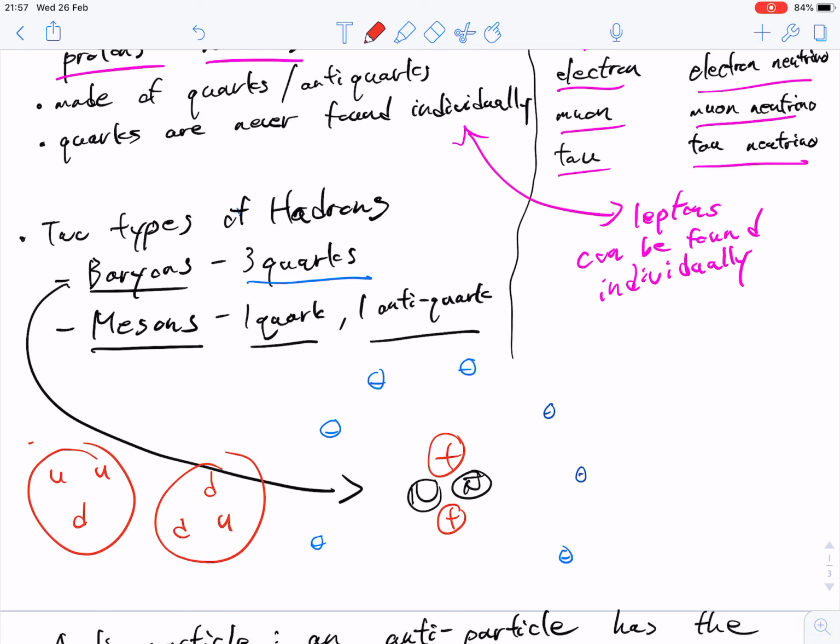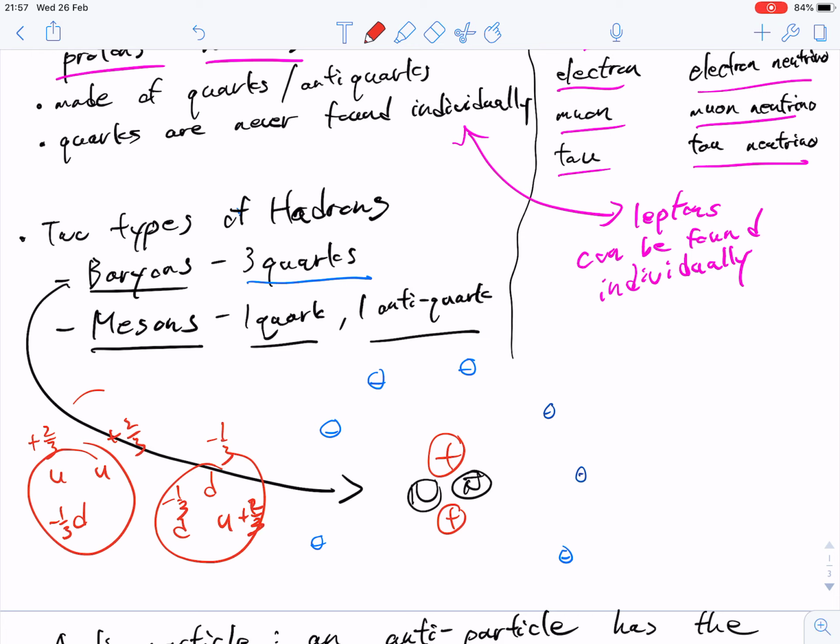An up quark is worth positive 2/3 of a charge, and a down quark is worth negative 1/3. So overall, for the proton, you get 1 full positive charge, and for the neutron, with 2 negative 1/3 and a positive 2/3, it becomes perfectly neutral.